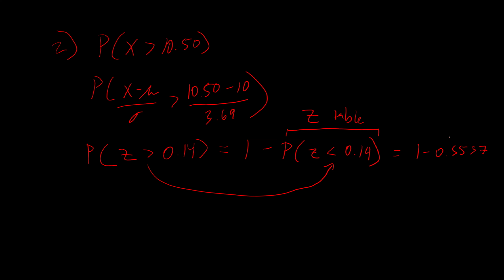And if I subtract that through, 1 minus 0.5557 is 0.4443. So you should get an answer somewhere along those lines. If we got both those answers correct, awesome, great job. If you didn't, go back, double check your work, walk through the steps. That's the main thing, is walking through the steps.